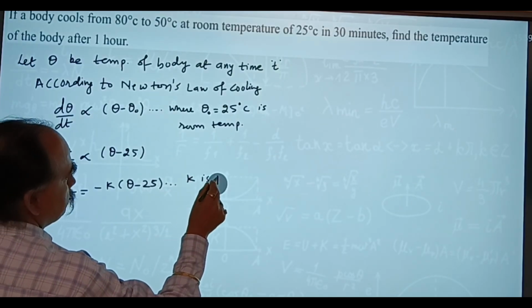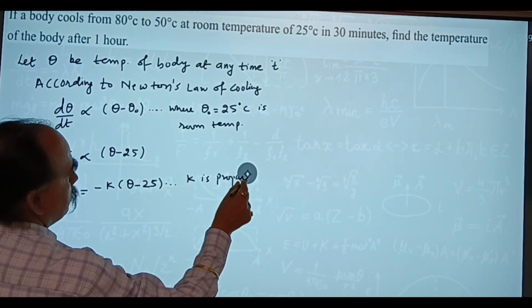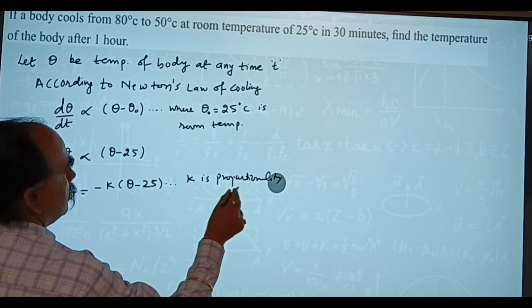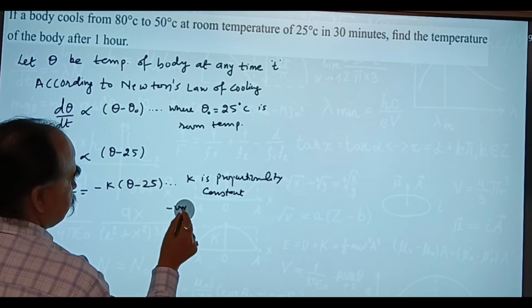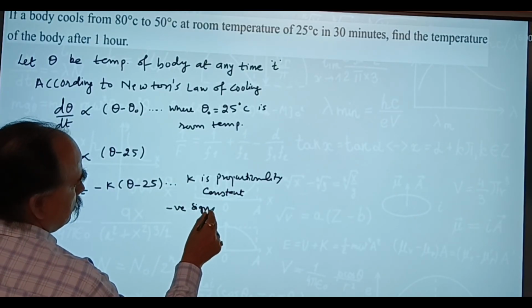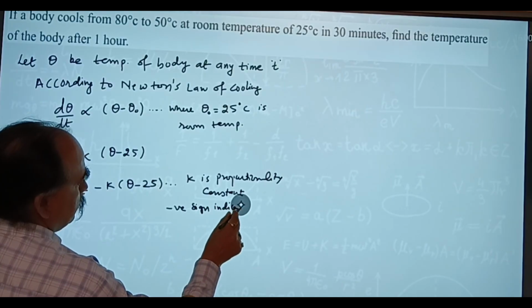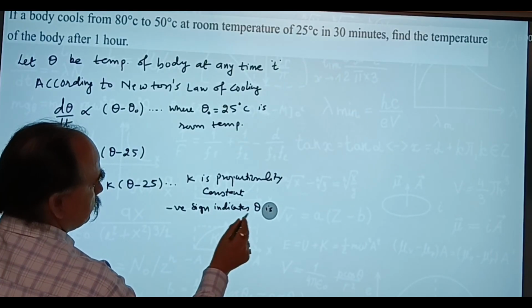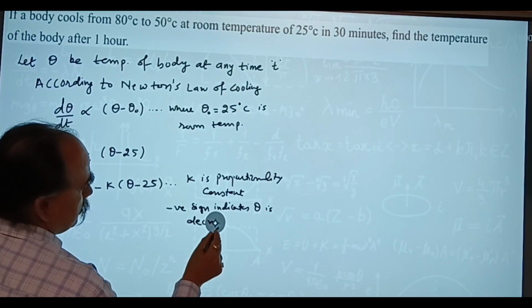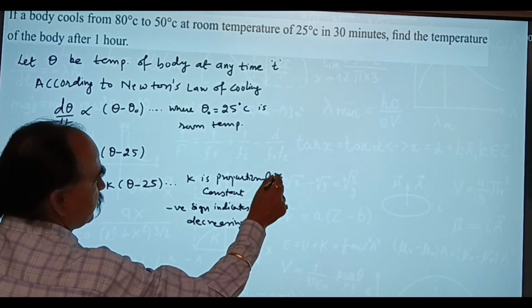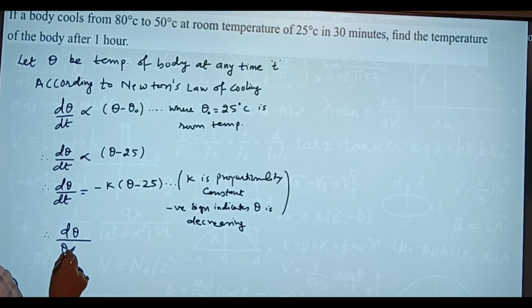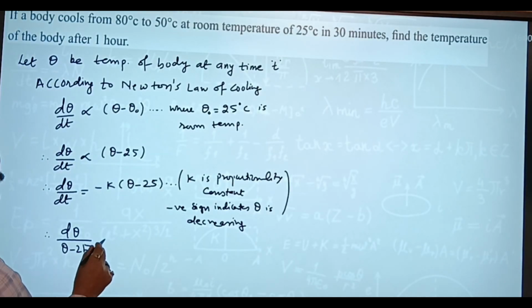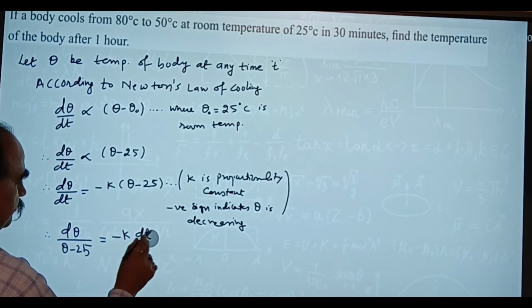K is proportionality constant. Negative sign indicates theta is decreasing. As time increases, theta decreases. So d theta upon theta minus 25 is equal to minus k dt.